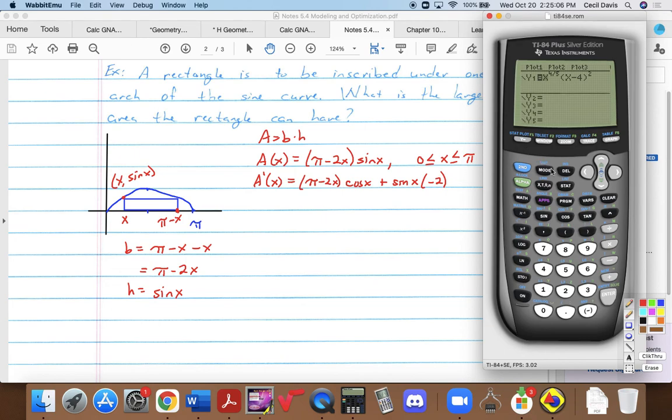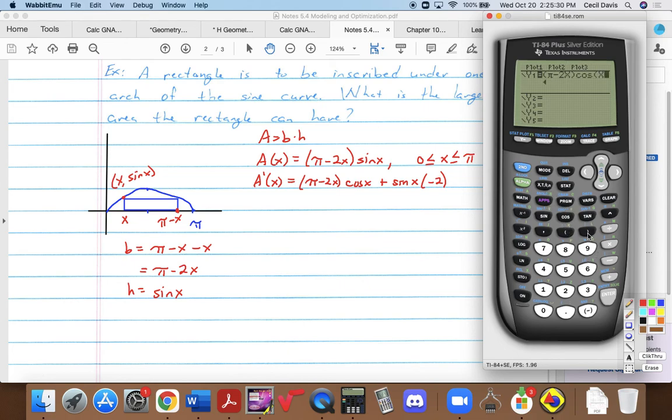So let's clear that out and put in the derivative. So pi minus 2x cosine of x.